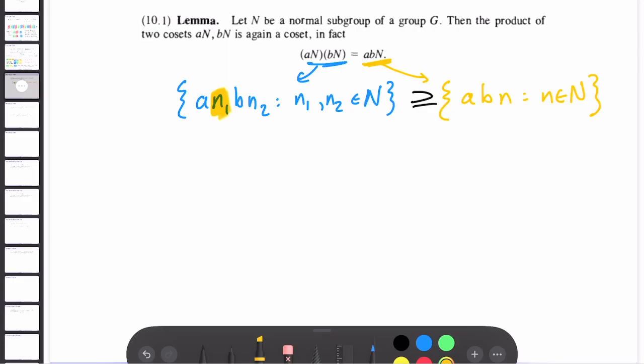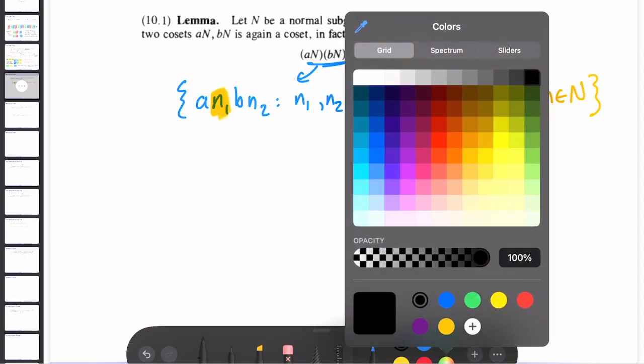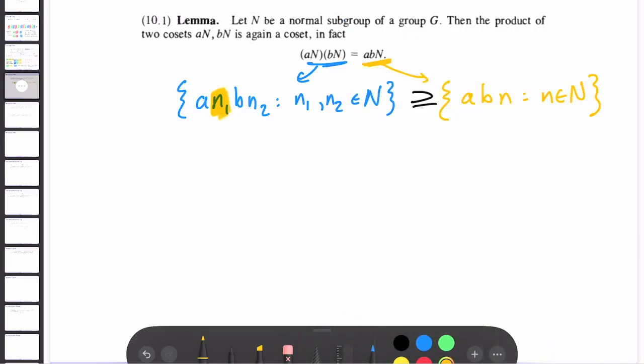Since N is a subgroup, in particular, it contains the identity. So if we set that to be the identity, then everything in the right-hand side looks like a times b times n2.